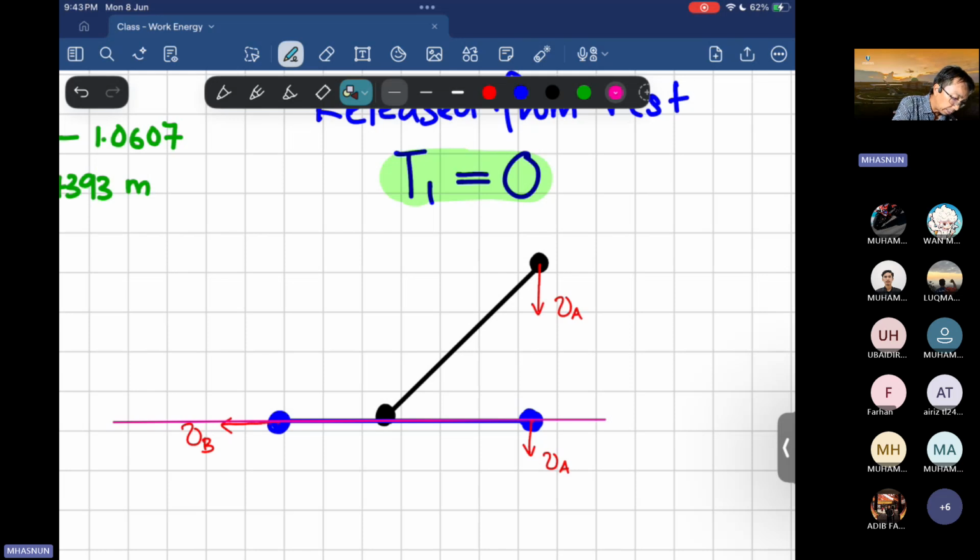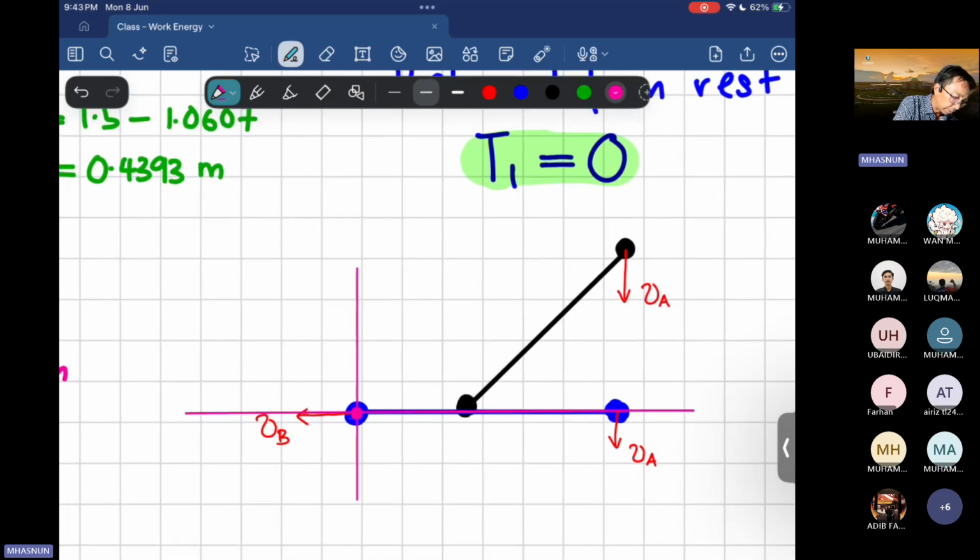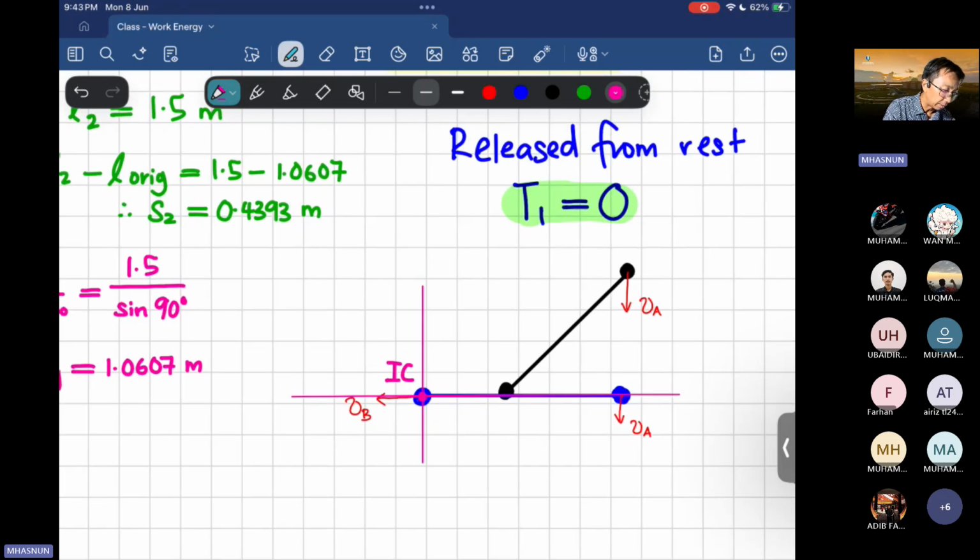And then you draw another 90 degrees line to VB. Okay, and what you can see here is that the intersection point is at point B. So basically this is the location of IC lah. Intersection tu berlaku pada point B. So point B is basically the location of IC.